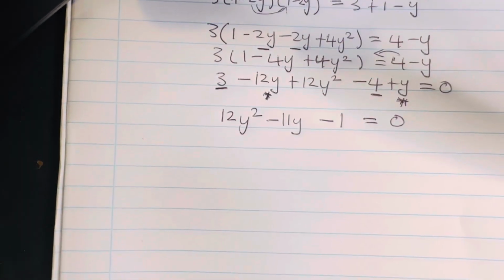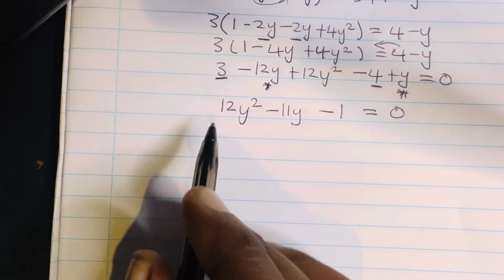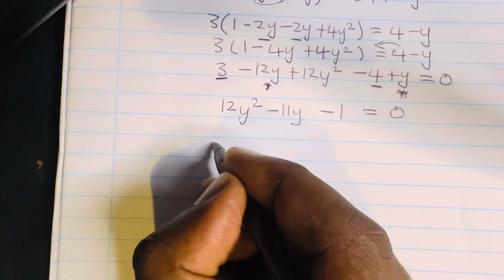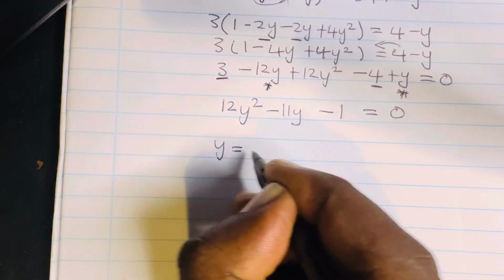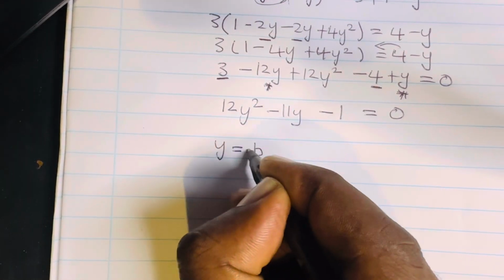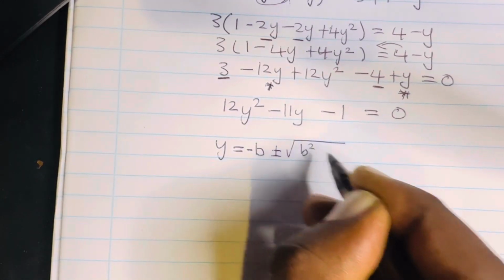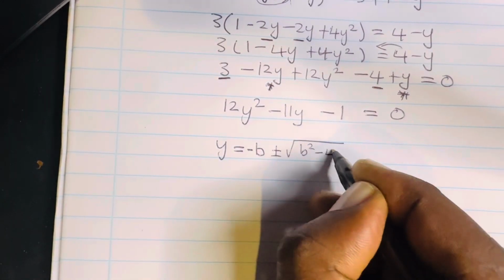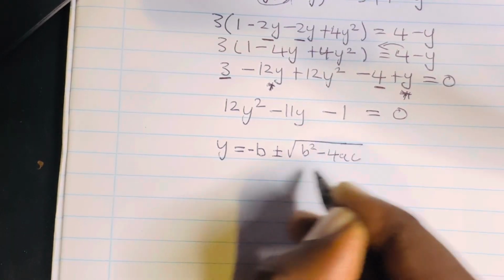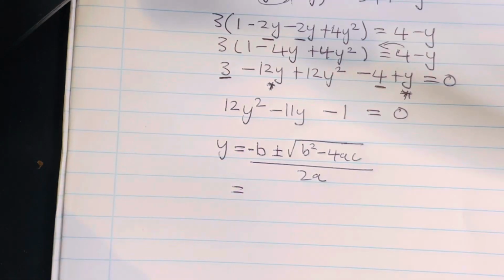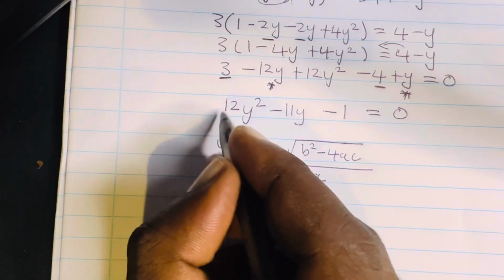So we have our standard form, and now we apply the quadratic formula. y is equal to negative b plus or minus the root of b squared minus 4ac, divided by 2a.